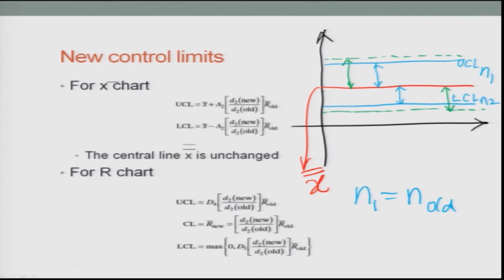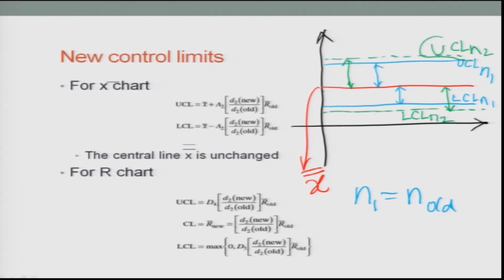When I come back to this, this would be the lower control limit. Oh, sorry, my mistake, I should change it. So, when I come to the old one, this will be the upper control limit for N2.